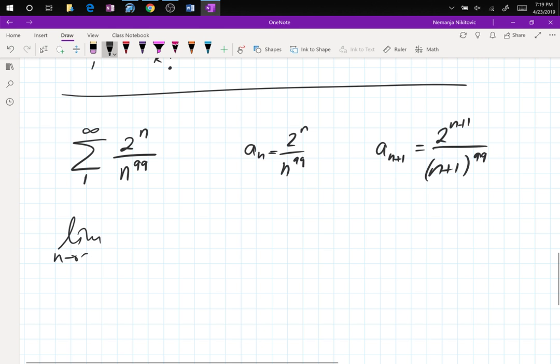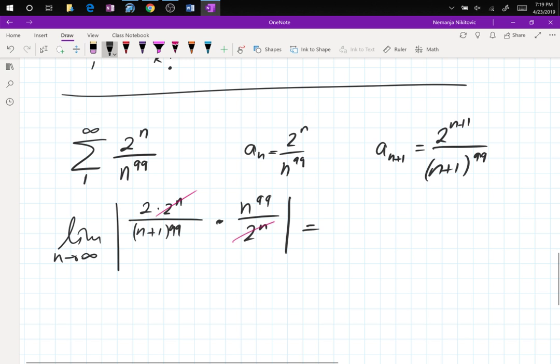Limit as n goes to infinity, and now 2 to the n plus 1 is just going to be 2 times 2 to the n divided by n plus 1 to the 99. I'm just going to skip a whole bunch of steps over here, times n to the 99 divided by 2 to the n. 2 to the n dies.